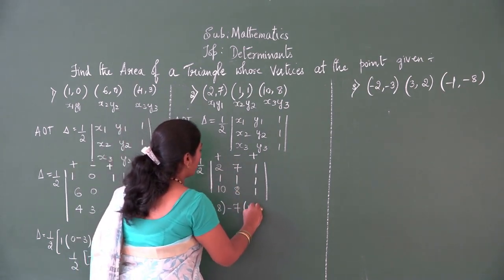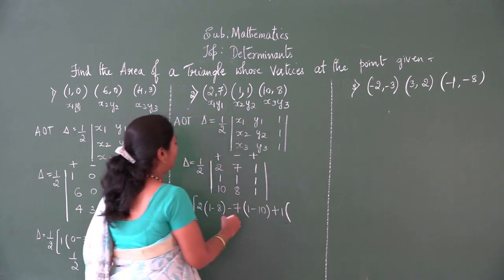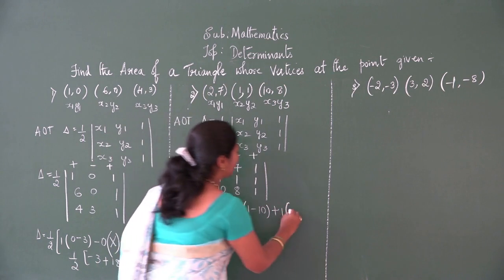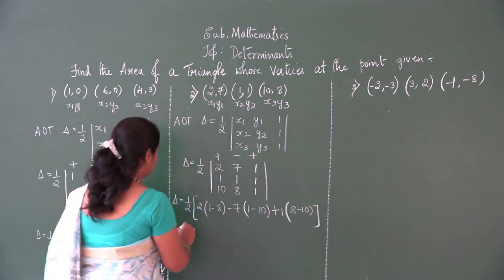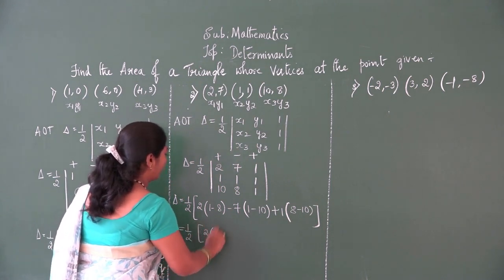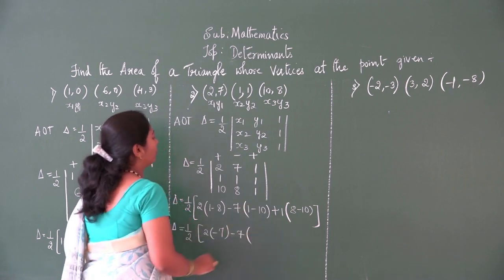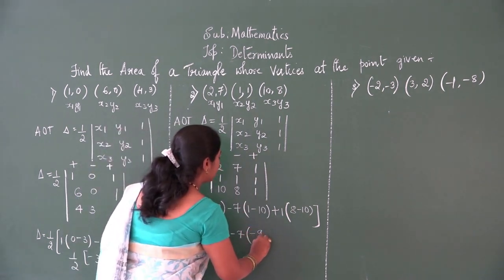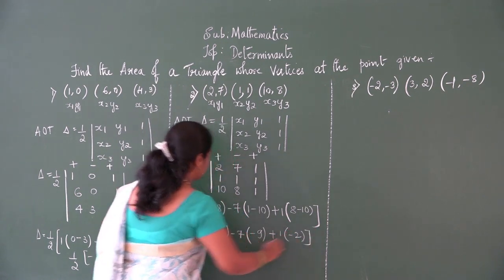So it is 1 minus 10. Similarly, 1 into 8 minus 10. So that is delta equal to half into 2 into 1 minus 8 is minus 7, minus 7 into 1 minus 10 is minus 9, plus 1 into 8 minus 10 is minus 2.